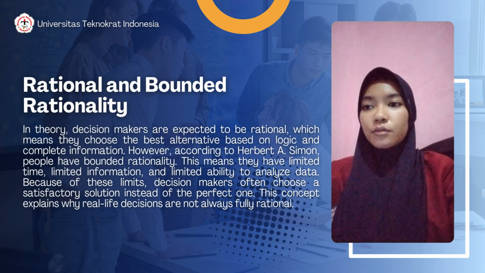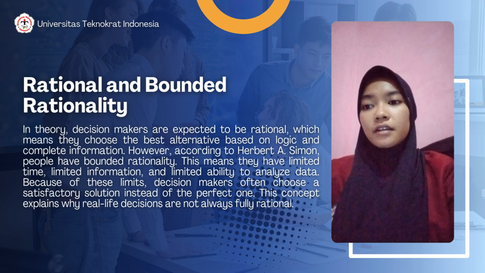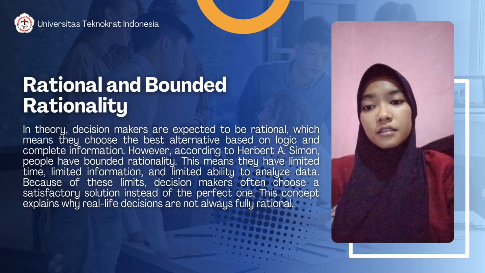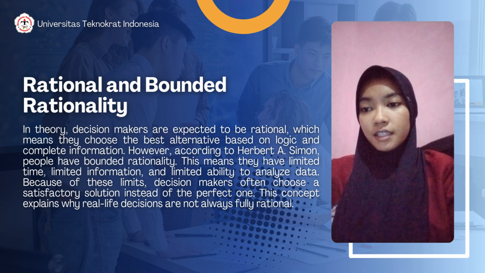Next, rationality and bounded rationality. In theory, decision makers are expected to be rational, which means they choose the best alternative based on logic and complete information. However, according to Herbert Simon, people have bounded rationality.